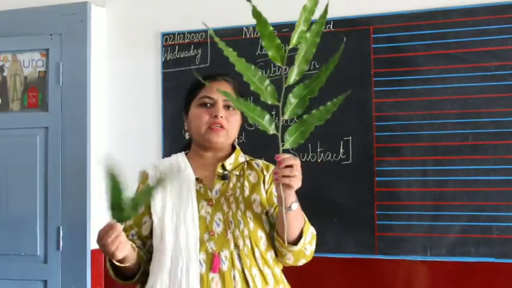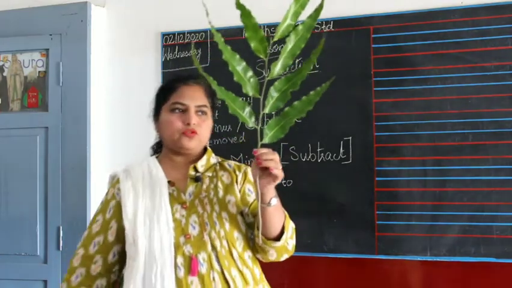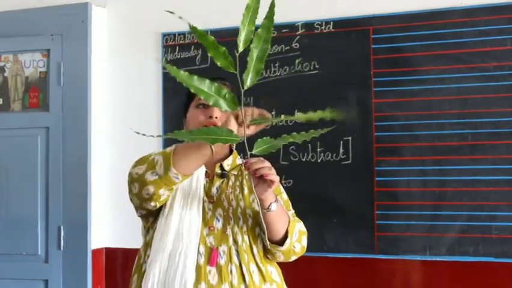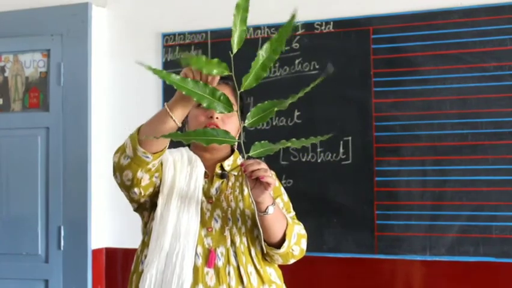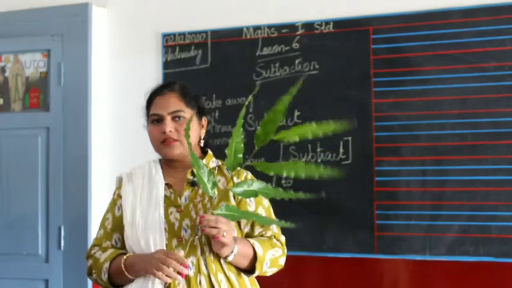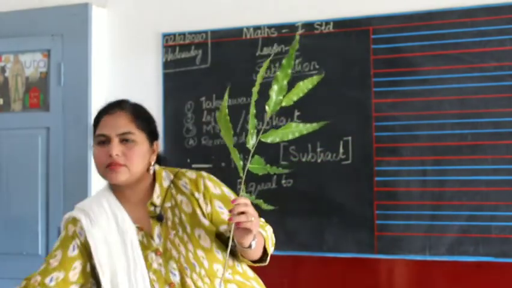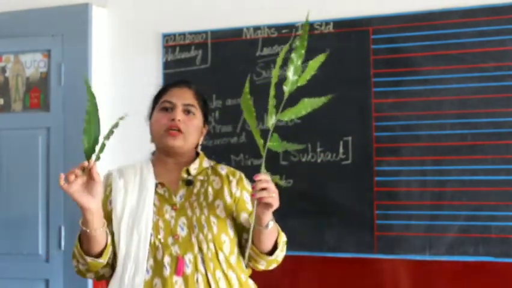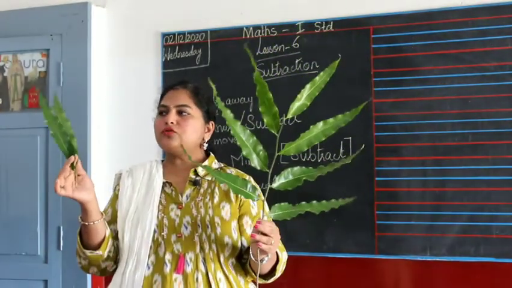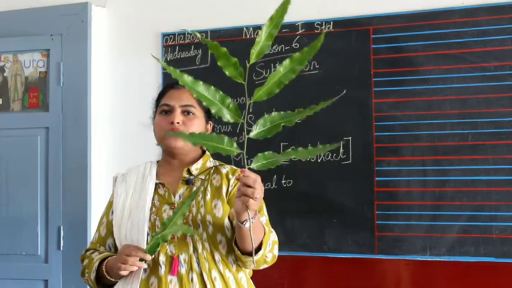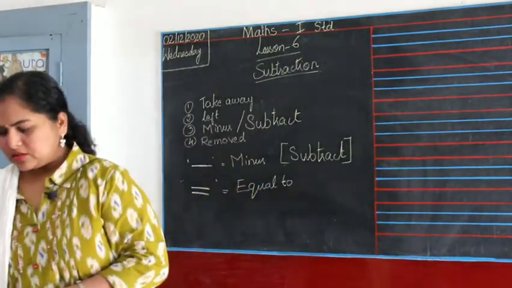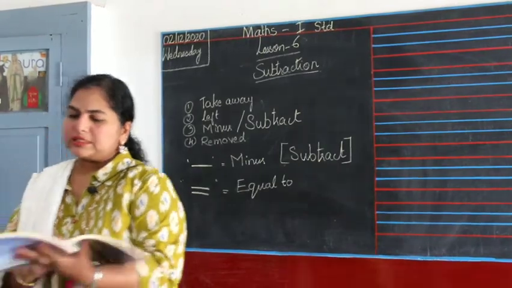How many leaves am I left with? 1, 2, 3, 4, 5, 6, 7. I am left with only 7 leaves. So 9 minus the 2 which fell off is equal to 7. We had 9 leaves, 2 fell off, so it's equal to 7 leaves. That is called subtraction. Okay, so I want you all to do the exercise over here.